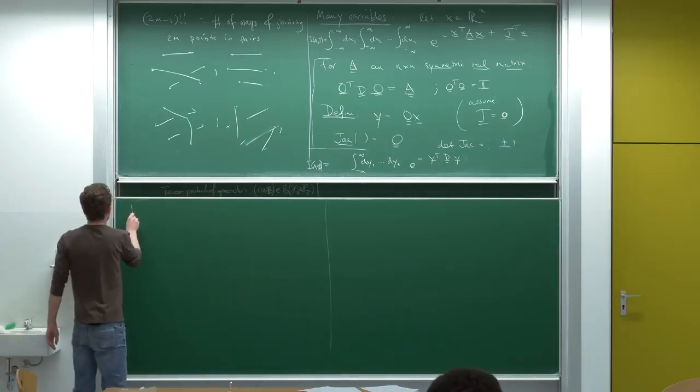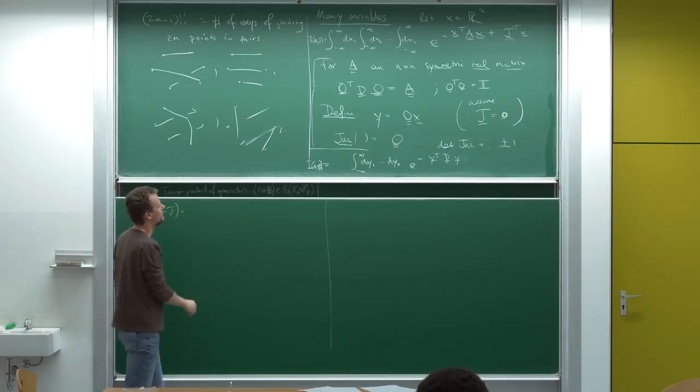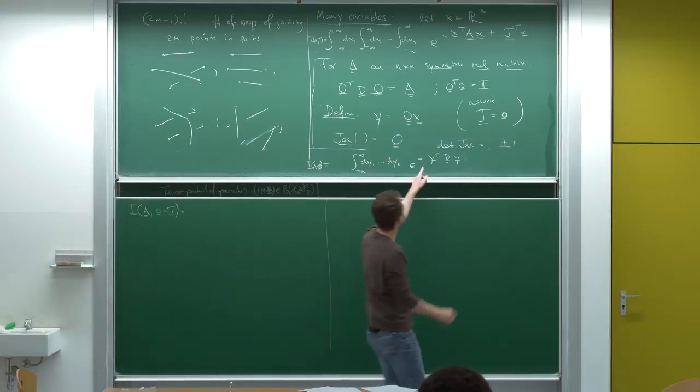Where were we? I of A for j equals 0. Well, we've reduced it now to something super simple.